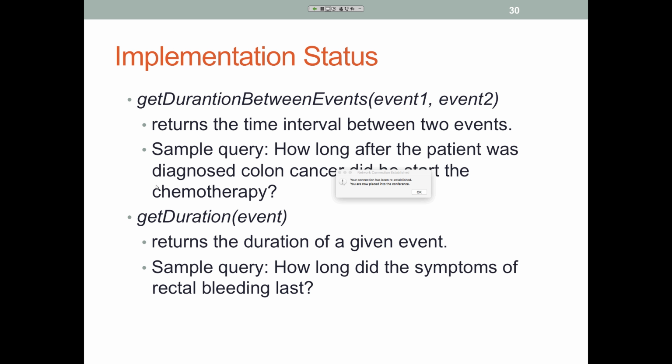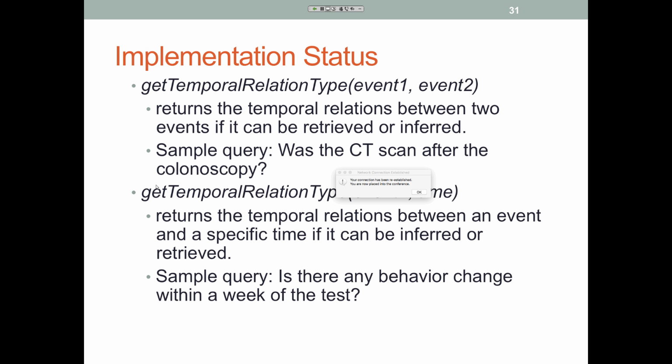And these two functions answer the how long question. So what was the interval between two different events, or how long did a specific event last? And then these are questions to find the temporal relations between two events, or between a specific event and a given time point.